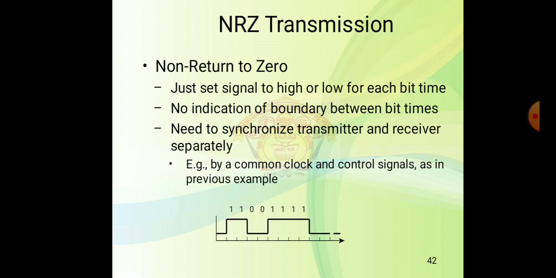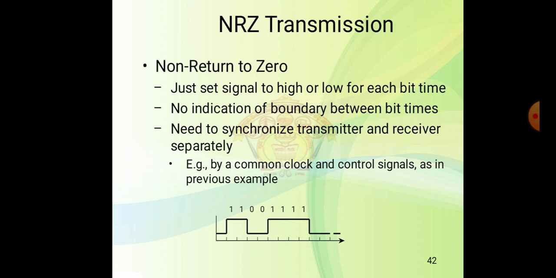Here you can see in this figure, on the NRZ signal, the transmission of the value 1100111, with the most significant bit being transmitted first.